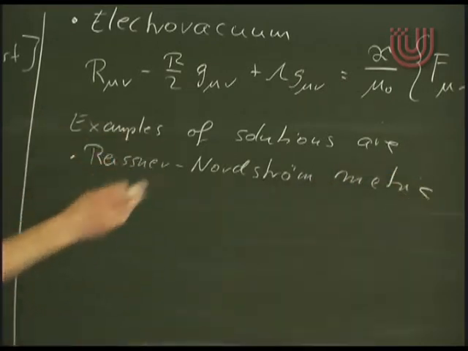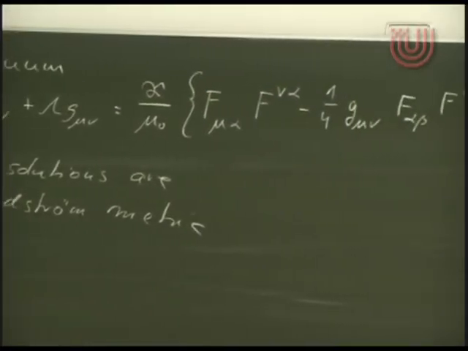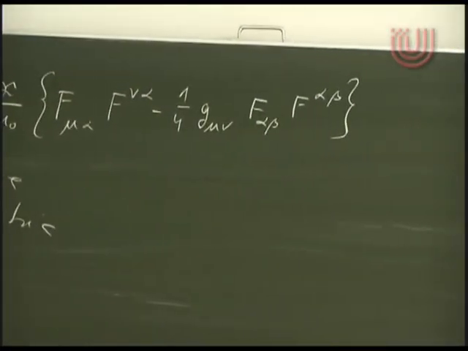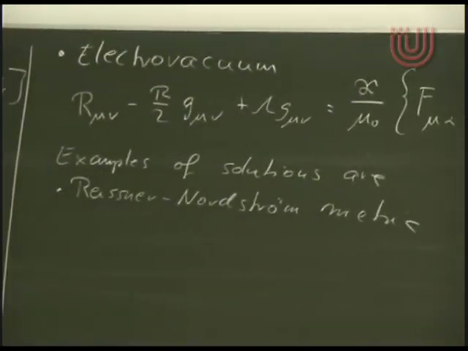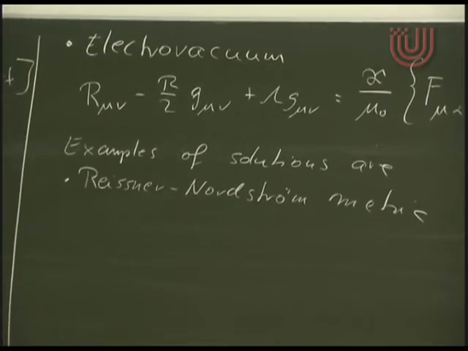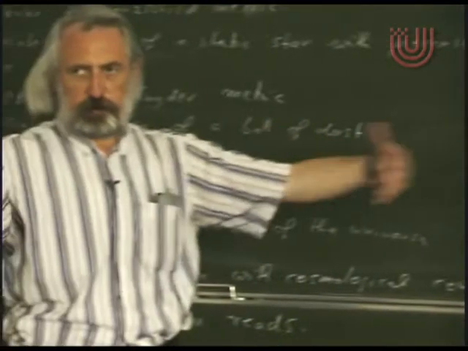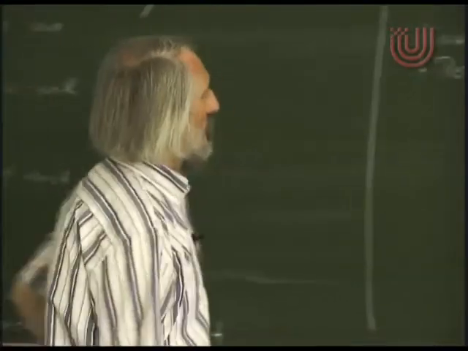So that's the solution of this equation. So we have vacuum and an electromagnetic field. So that would be the case, for instance, in the exterior of a charged object. And that's what it describes here, right? If a star is uncharged, then there's pure vacuum outside, nothing. But if it is charged, then there would be an electromagnetic field outside. And that's something which would be described by this equation.